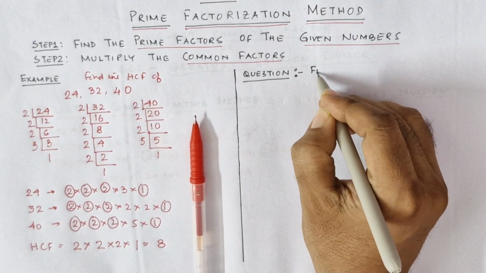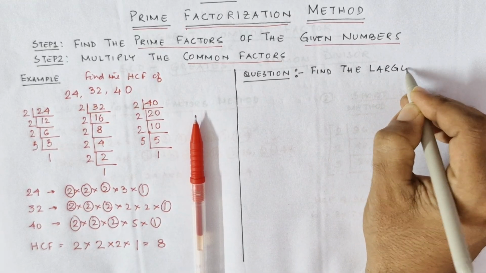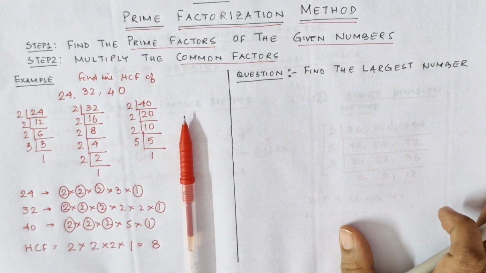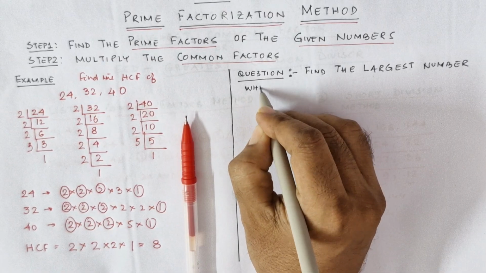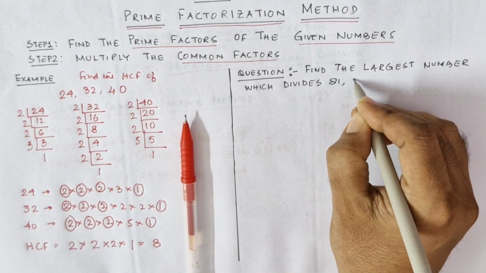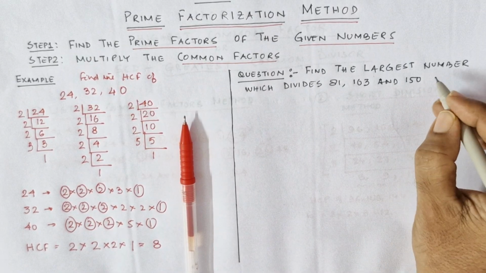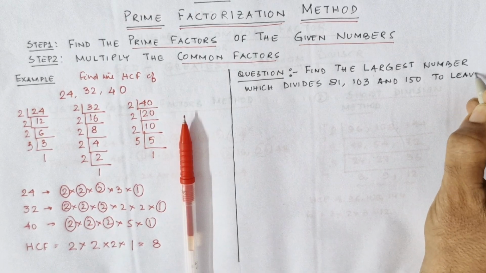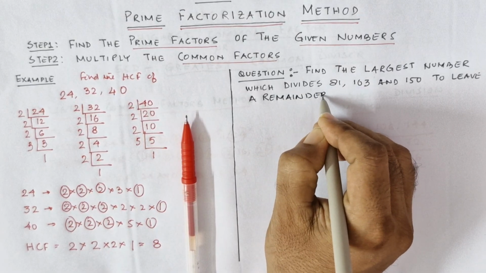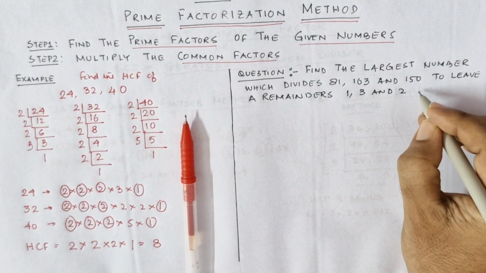Find the largest number which divides 81, 103 and 150 to leave remainders 1, 3 and 2 respectively.